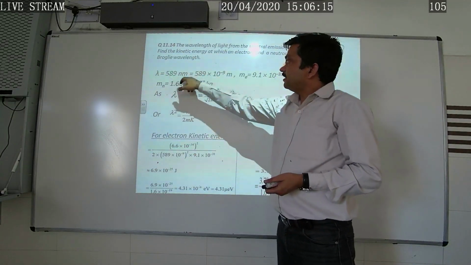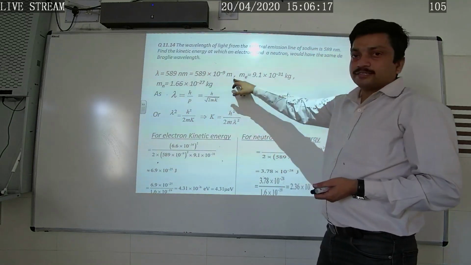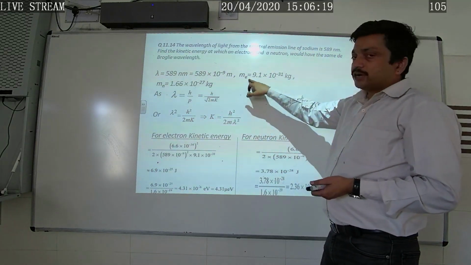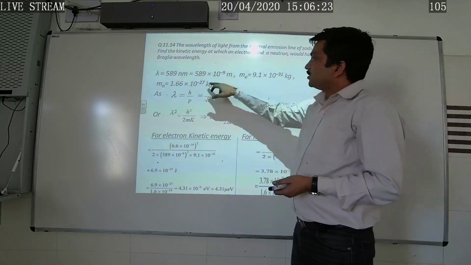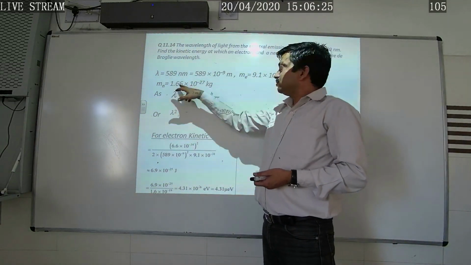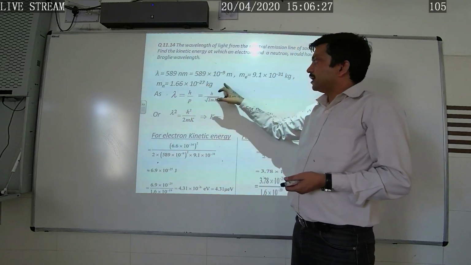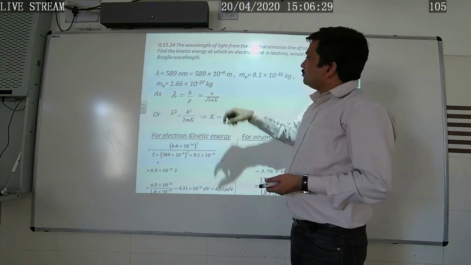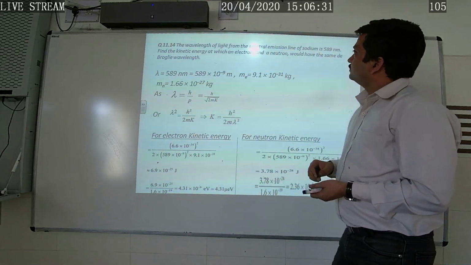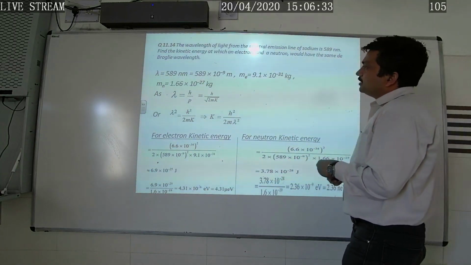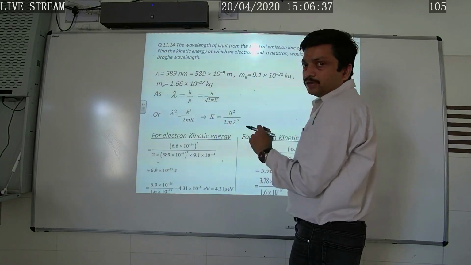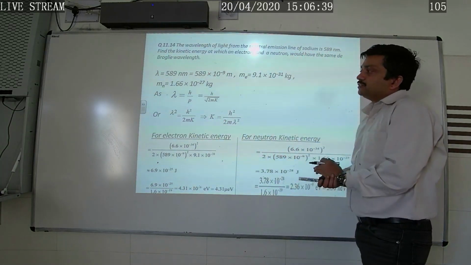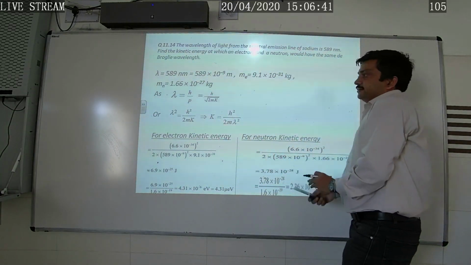So the data we have been given: wavelength is 589 nanometer, converting it into SI units. Mass of electron is 9.1 into 10 to the minus 31 kilogram. Mass of neutron is 1.66 into 10 to the minus 27 kilogram. The wavelength is given to us and we want to calculate the kinetic energy. So first of all we have to derive the relation between the wavelength and the kinetic energy.